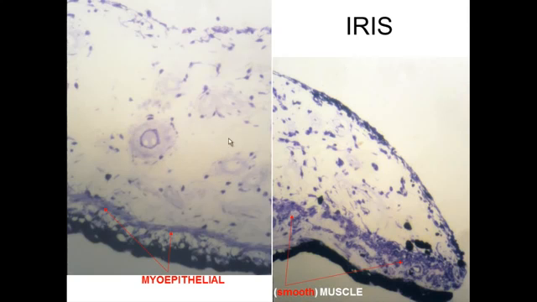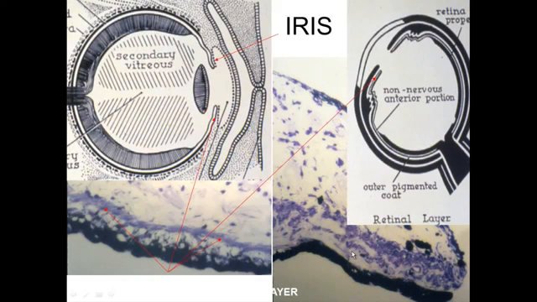Similar type thing with the myoepithelium, which is a dilator muscle, and then smooth muscle at the end of the iris.